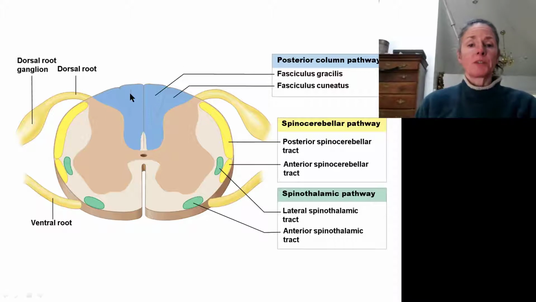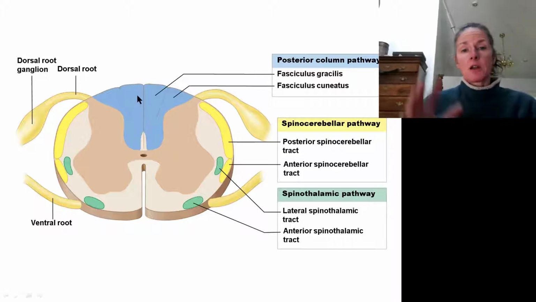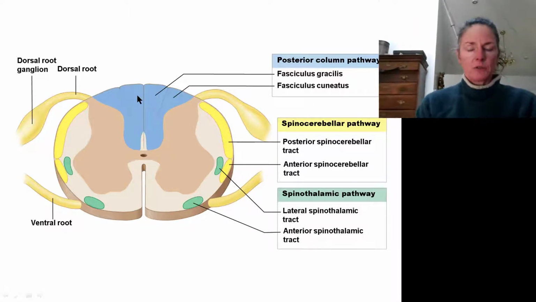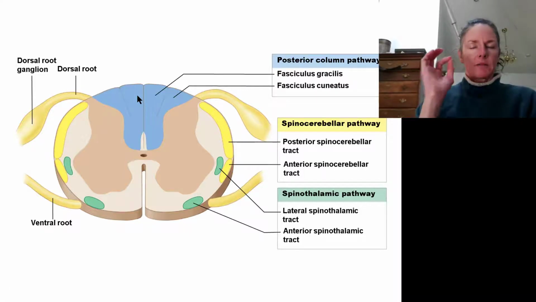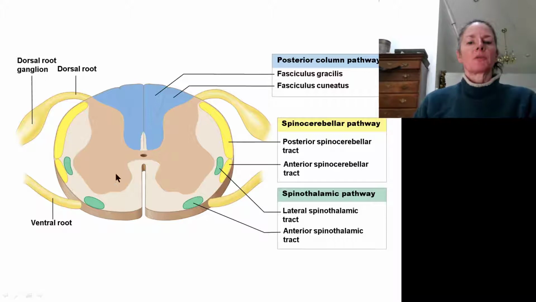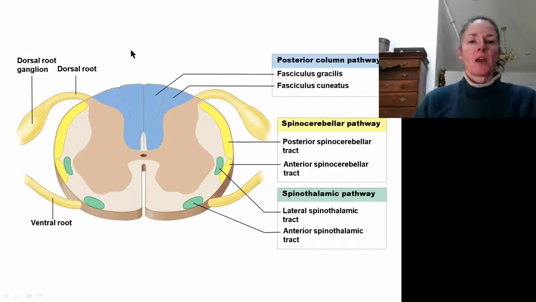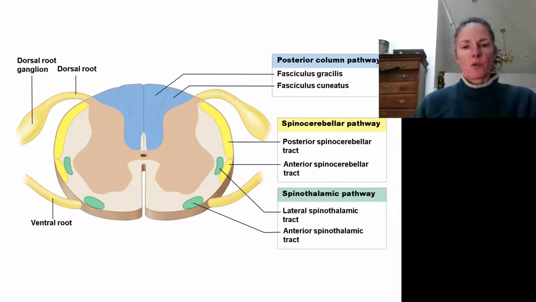So once again, these are going to mirror the nuclei within the medulla oblongata, and indeed, the first-order neurons coming from the periphery will travel up through, their axons will travel up through these fasciculi, and they will then synapse in the nuclei of the medulla oblongata, where they will then cross over, synapse in the thalamus, and then third-order neurons will arise from there.